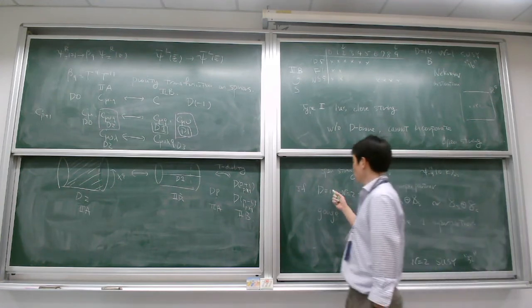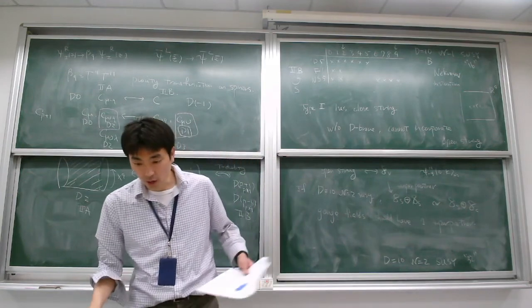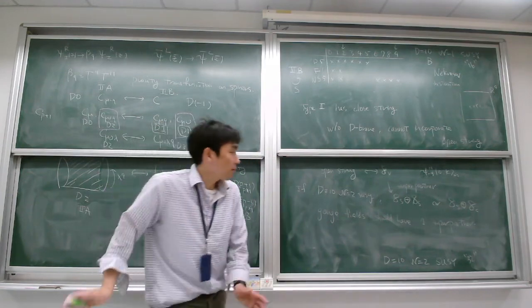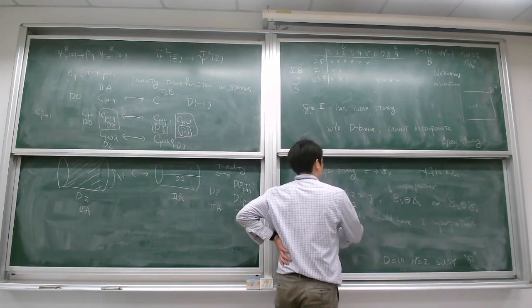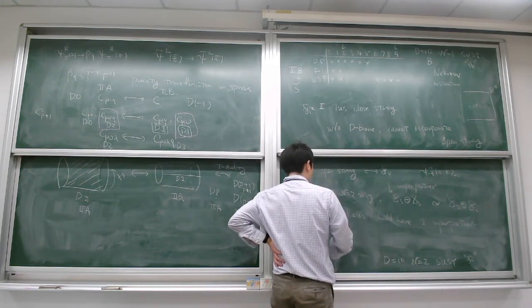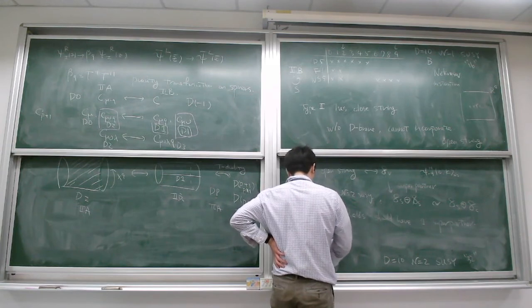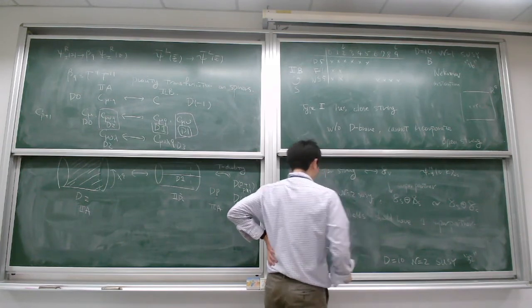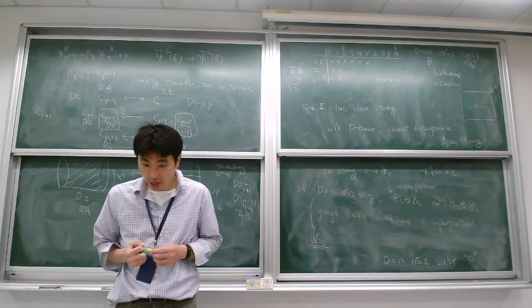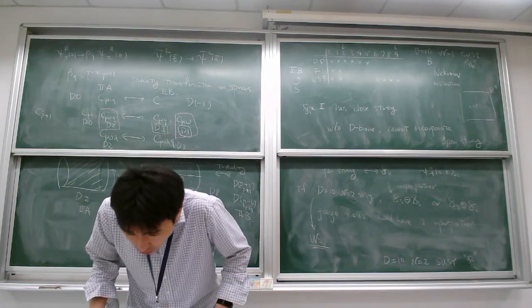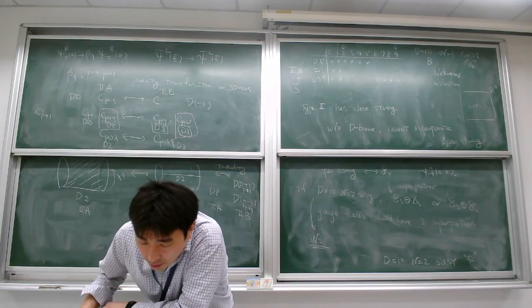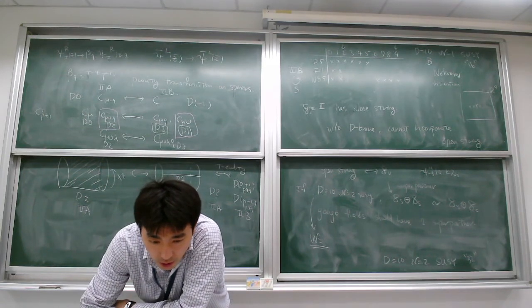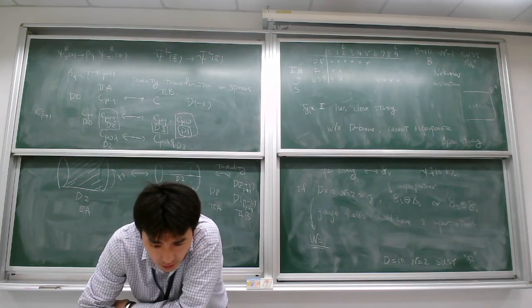So the type 2 string cannot incorporate the open string. To have the open string, you have to break to N equal to 1 in 10 dimensions. You can see the two superpartners from the spectrum of the previous lecture.